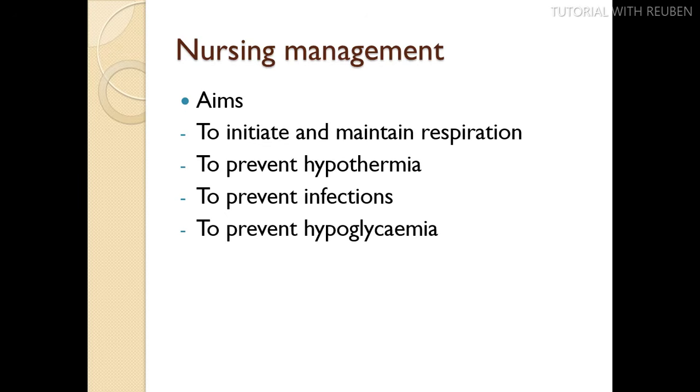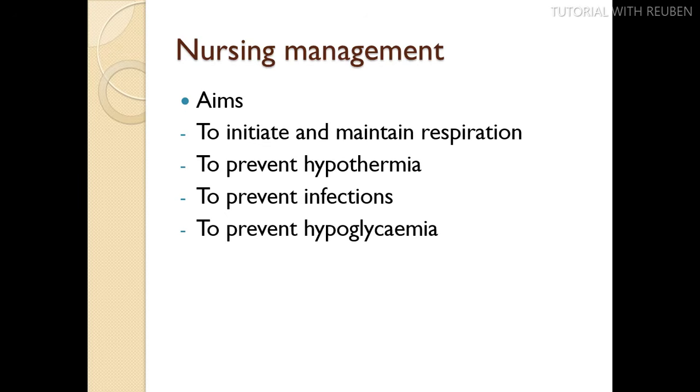Then the pulse rate or the heart rate, we're going to monitor the cardiac functions. So on this cardiac function, we expect the heart rate to be 120 to 160 beats per minute. That is the normal.